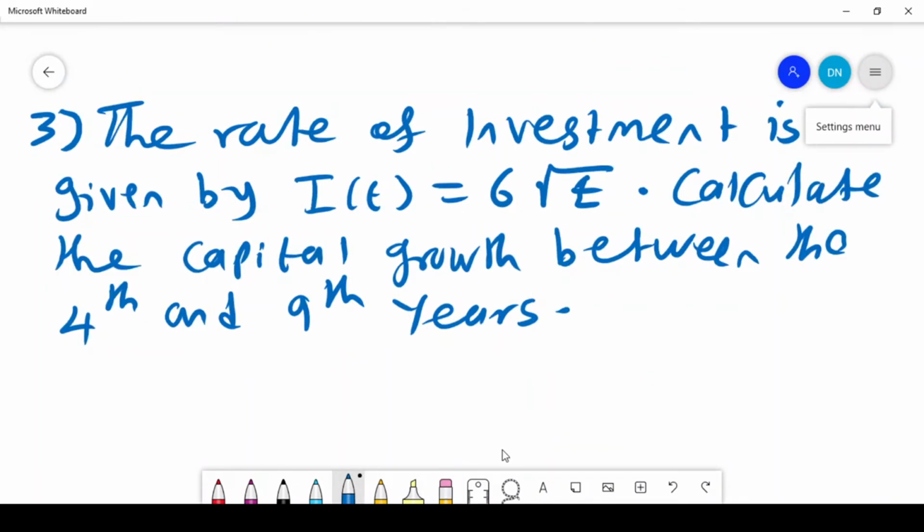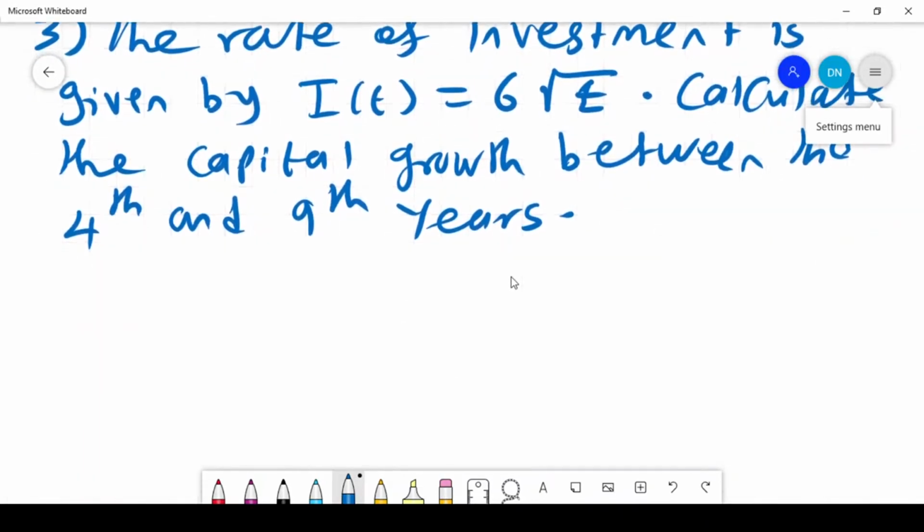And rate of investment is given by I(t) equal to 6 root t. Calculate the capital growth between the 4th and 9th years. So that's the computation we want to do. And we want to look at the capital growth, which I represent by letter K, between a given time period.